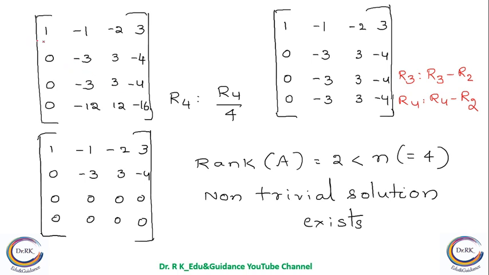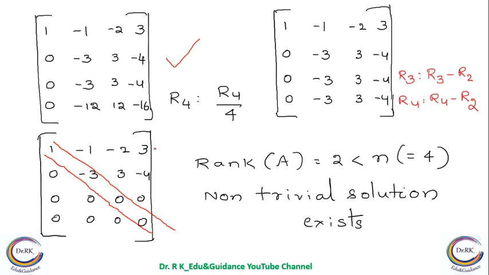This is a continuation of the same, where we try to convert this into echelon form. You can go through it, very simple. Now this is the final echelon form of the matrix. It is perfectly in echelon form.